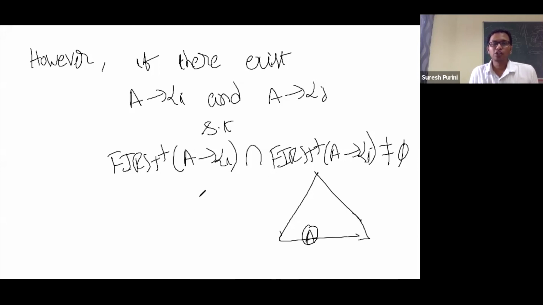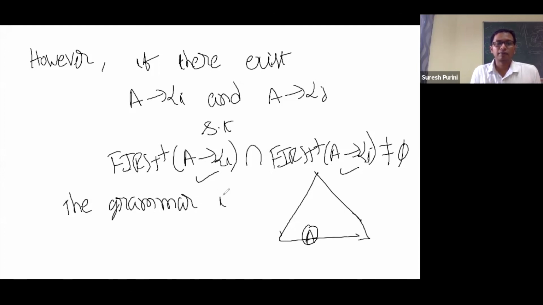Then we are not sure whether we should be using this substitution rule or that substitution rule, in which case the grammar is not LL(1).